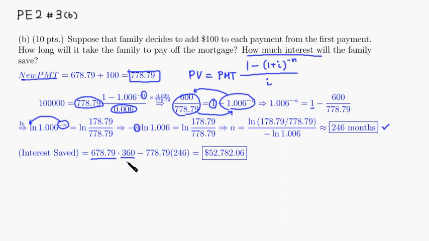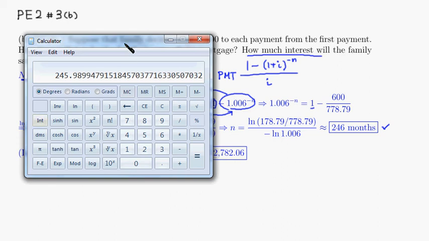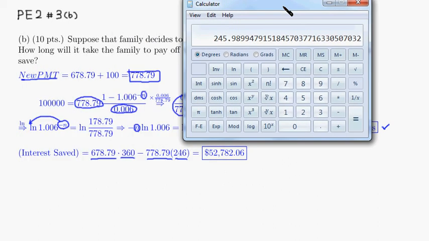So this is the amount they would have paid, minus the new payment of $778.79. We just found out they only have to make 246 payments, so multiply by 246. Take the difference.